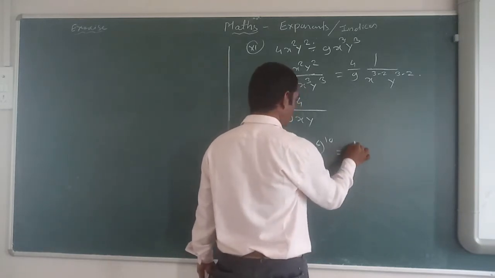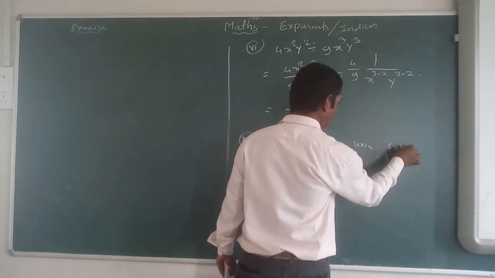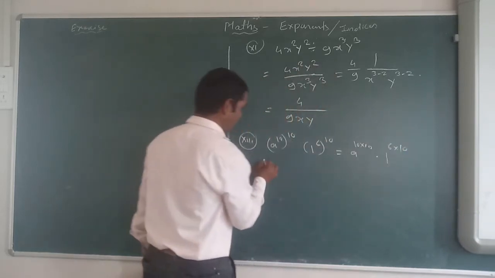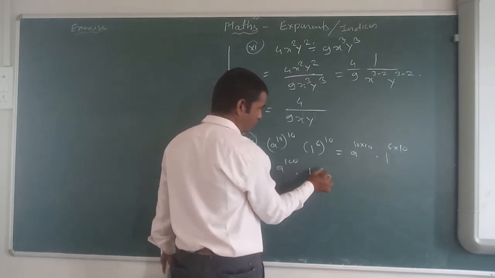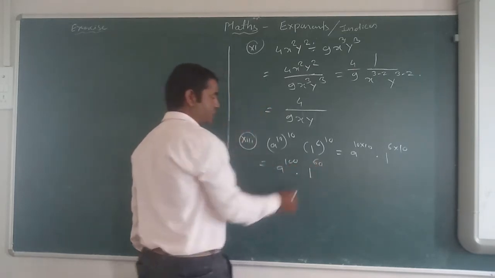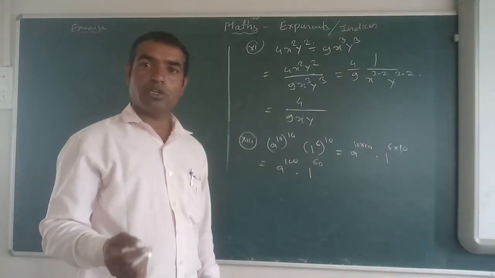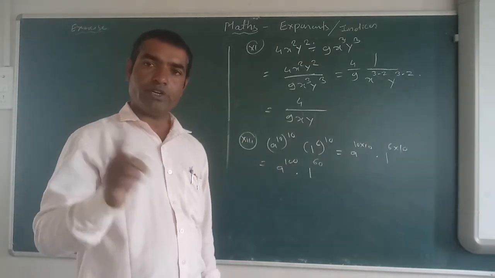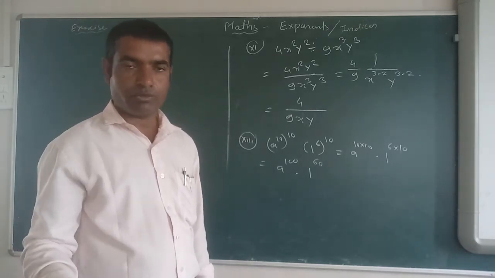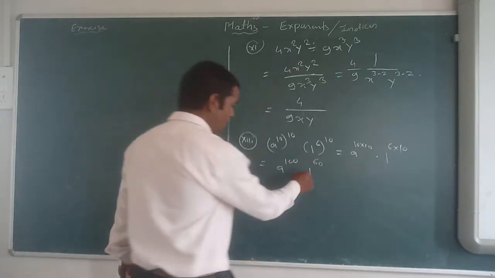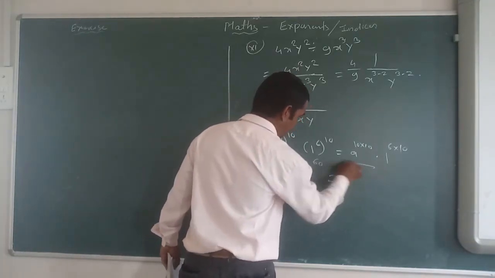So a raised to 10 into 10 into 1 raised to 6 into 10 equal to a raised to 100 into 1 raised to 60. Even if we multiply 1 a thousand times, the answer will still be 1, because 1 into 1 into 1 into 1, you can multiply a thousand times or 1 lakh times. So the answer will be 1. That's why this is a raised to 100. This is the final answer.